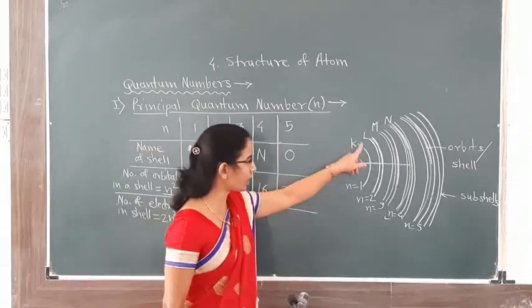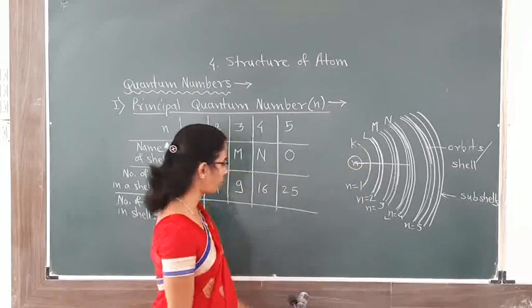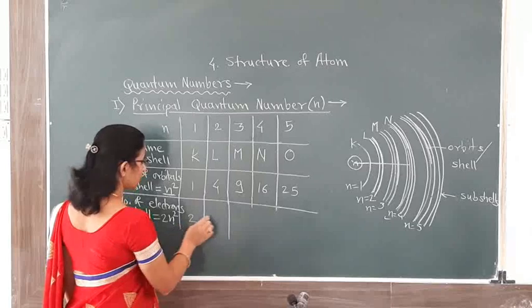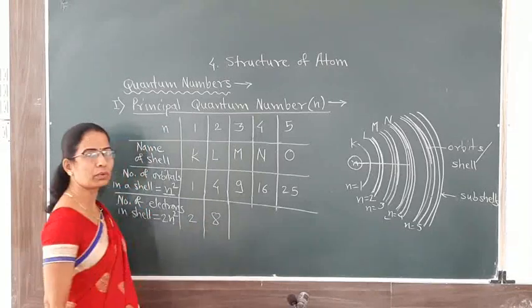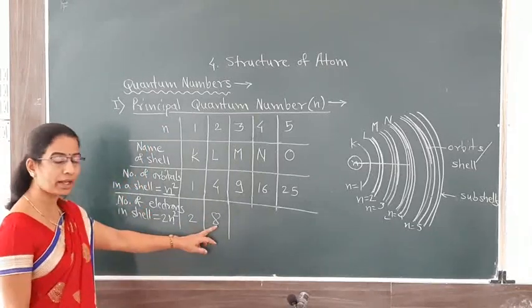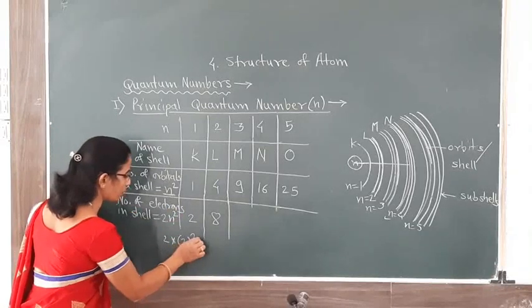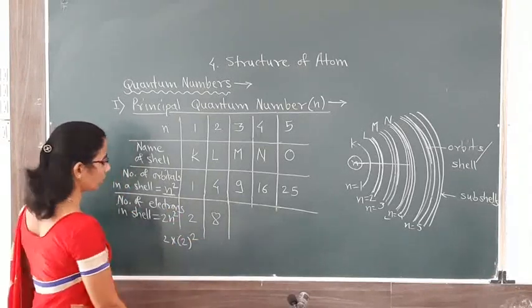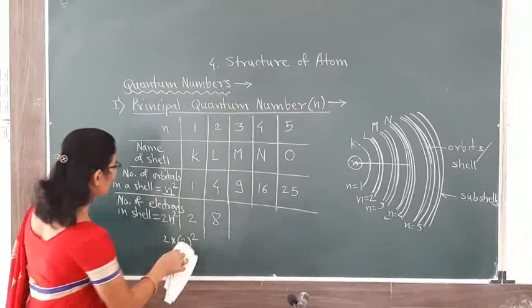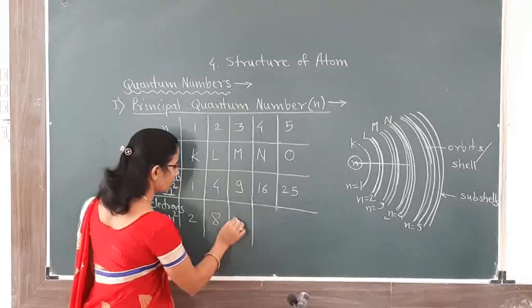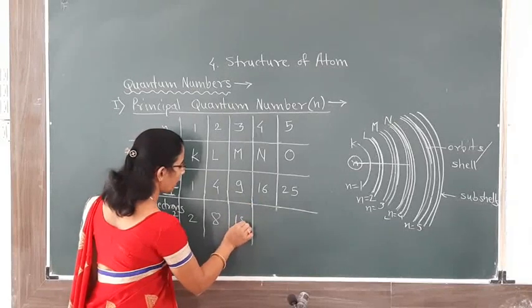Means in the first shell only 2 electrons are revolving. But if you consider the second shell, here the number of electrons revolving around it is 8. Why? Because 2 multiplied by 2 square becomes 8. Okay. Similarly, in the third shell, the number of electrons will become 18.